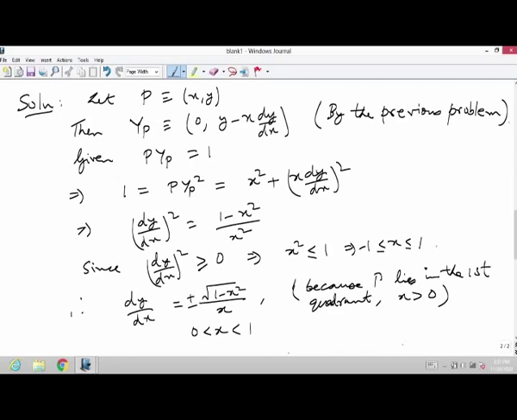Now, here we have to be careful and see which sign is valid. Note that it may happen that this dy/dx is with positive sign for some x in the interval (0, 1), and it may be negative for some x, but we will show that that is not possible. Why is that?